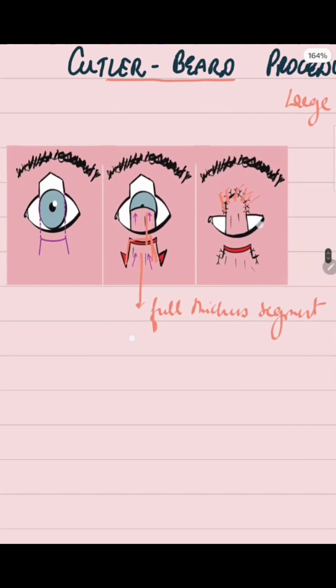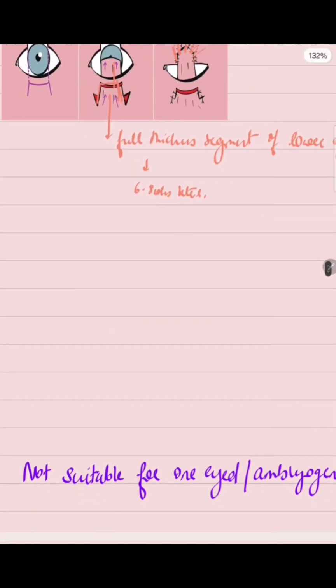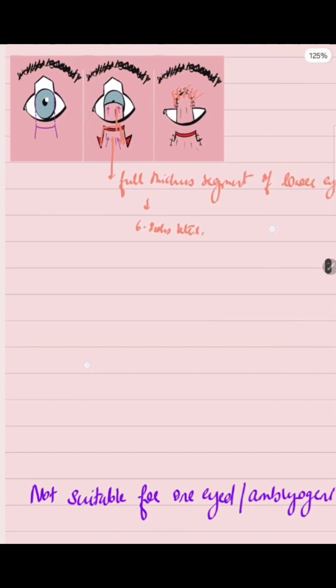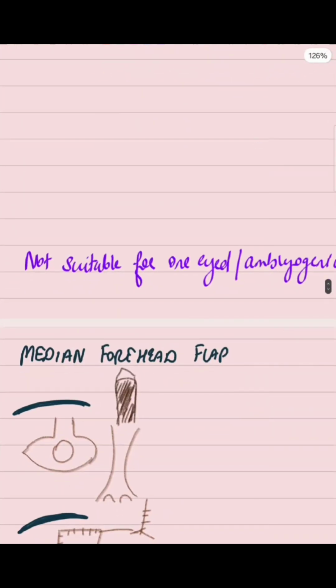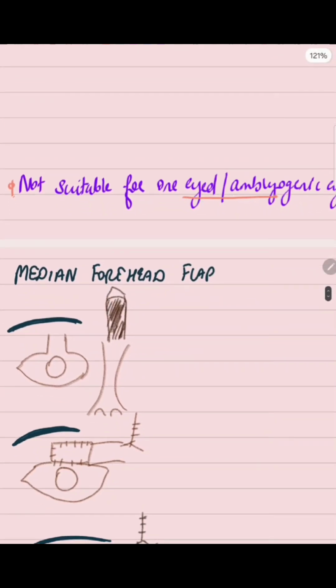In the second stage, which is done after 6 to 8 weeks, the flap is divided. Both the Hughes procedure and Cutler-Beard are not suitable for one-eyed or amblyogenic eye.